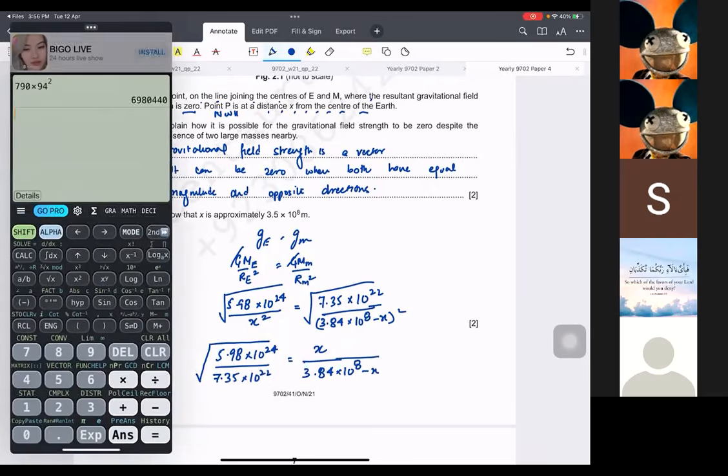So we don't want variables. And then I'm going to write 5.98 times 10 raised to power 24. This is 7.35 times 10 raised to power 22. Okay, so this is 9.02. And then you can multiply this and x. So much calculation.